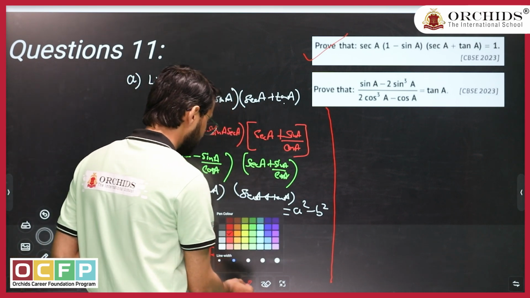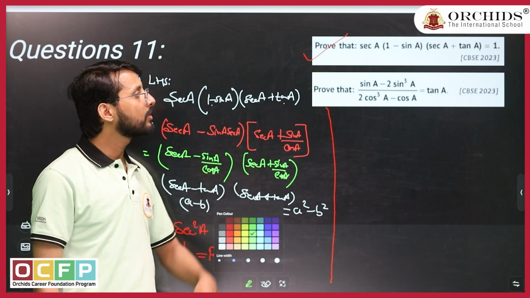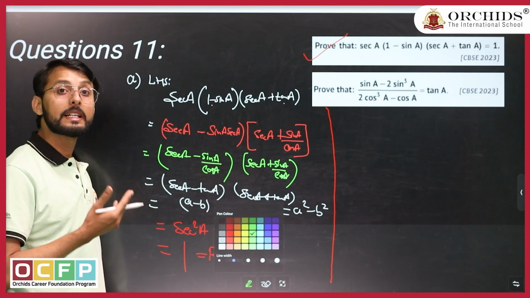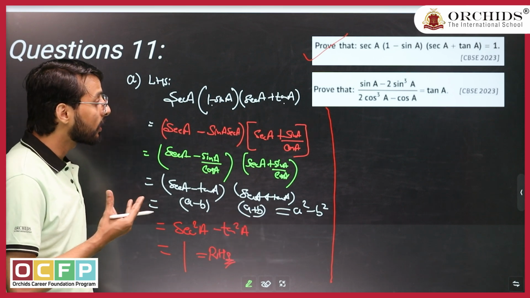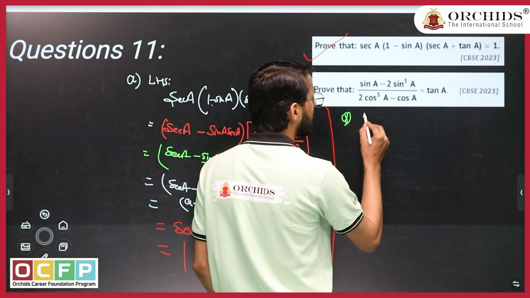Let's see the second part. First read the question properly. Sin A minus 2 sin cube A upon 2 cos cube A minus cos A should result in tan A. This looks very tricky. What is the question? Let's see. First write the LHS part.